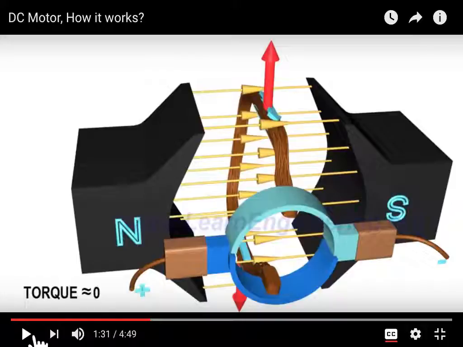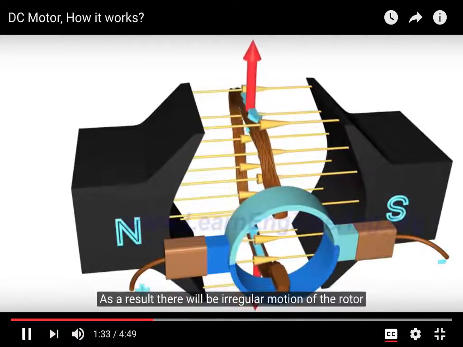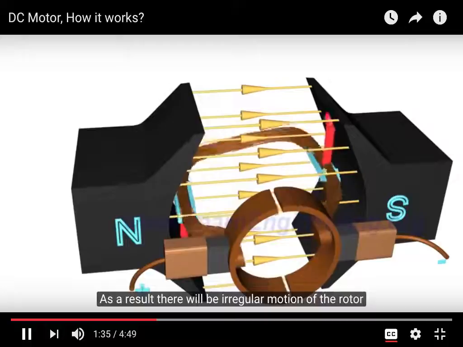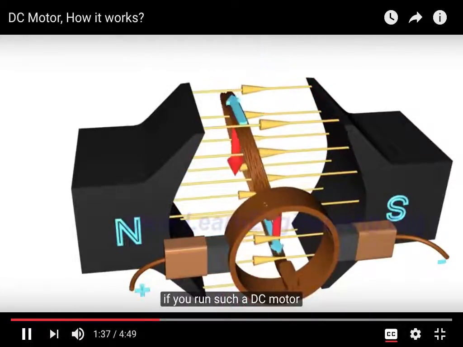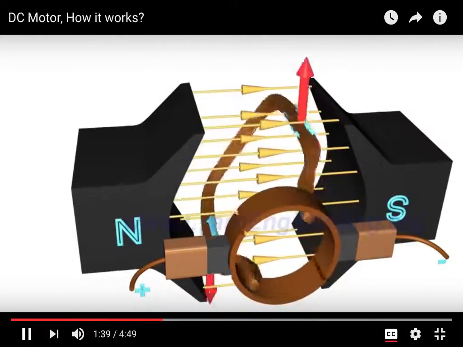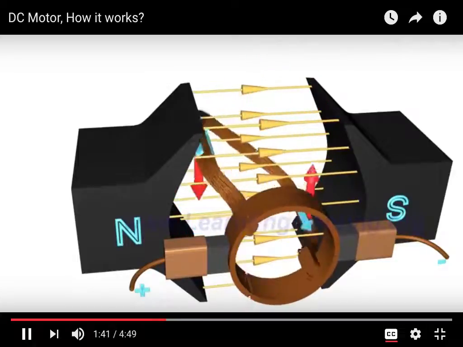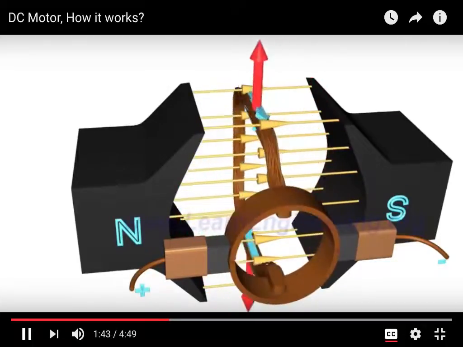So in this case, we have the area being the coil, the inside of this coil, and the flow of the field lines through that coil is called the flux. The more flux that you get through a coil, the more torque that you're going to get, so you have more magnetic field. As a result, there will be irregular motion of the rotor if you run such a DC motor. So this one will kind of do this lopsided movement where it only gets pushed around one time per cycle.